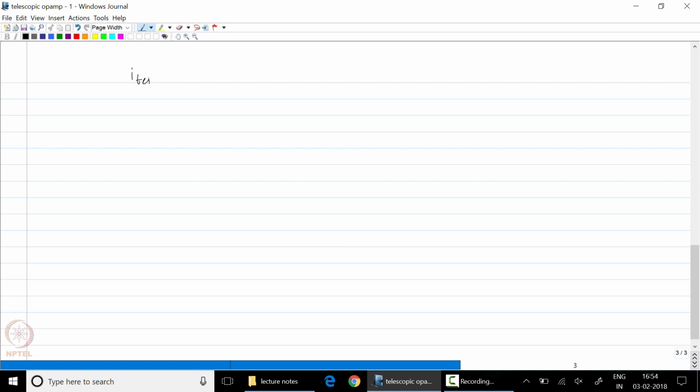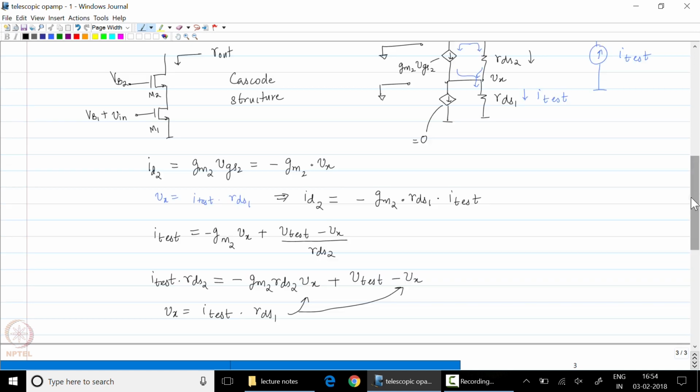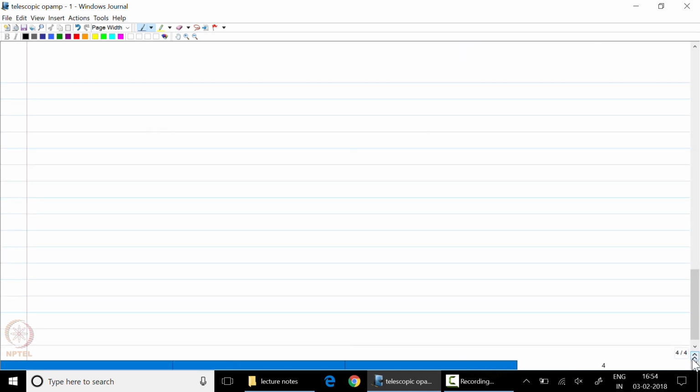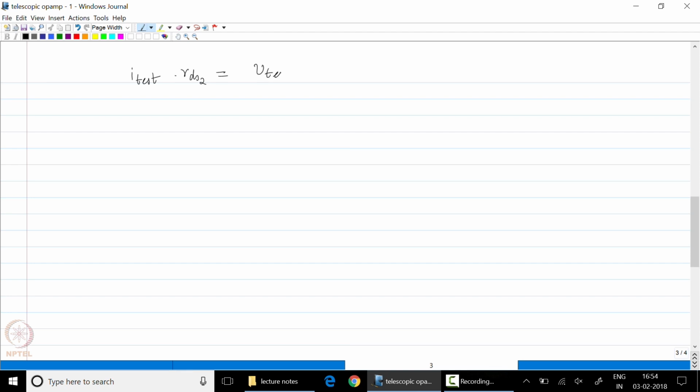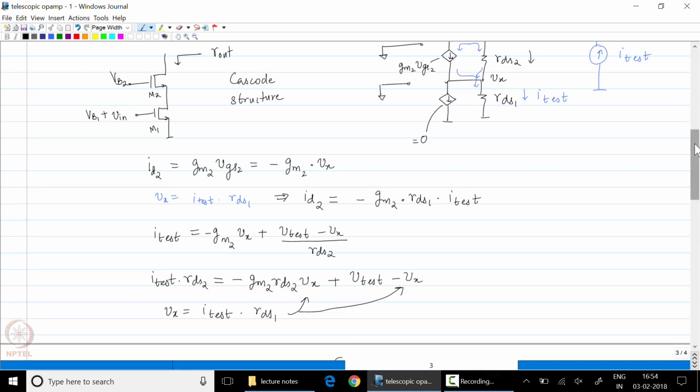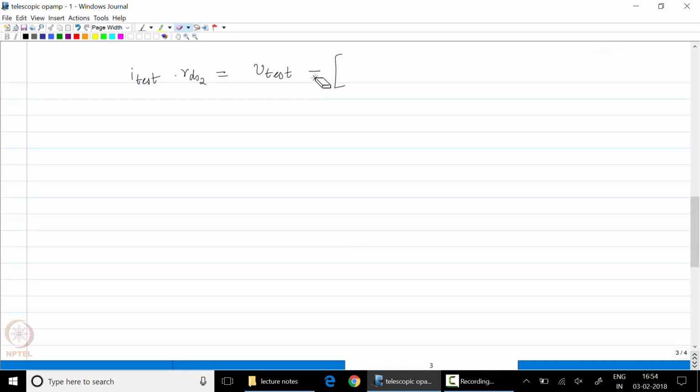So I test times rds2 was V test minus Vx into 1 plus GM2 rds2.